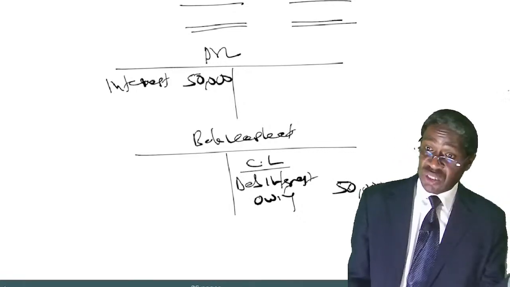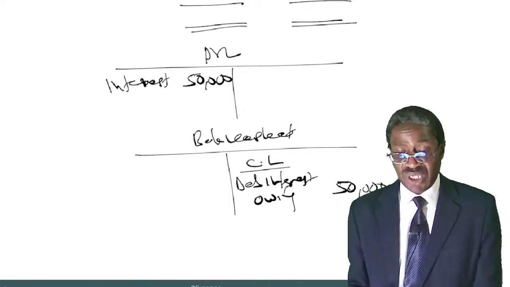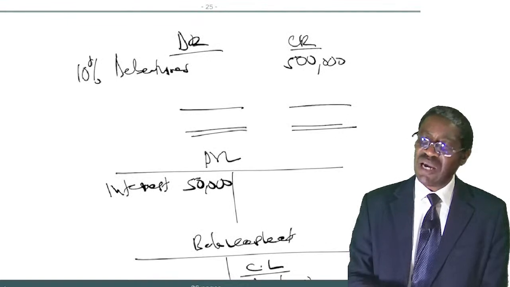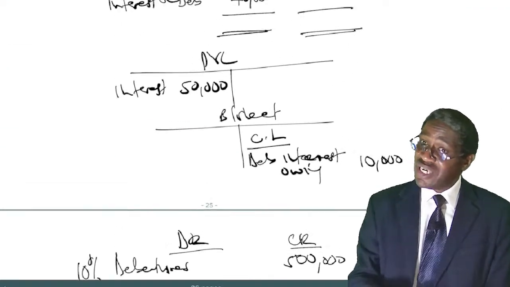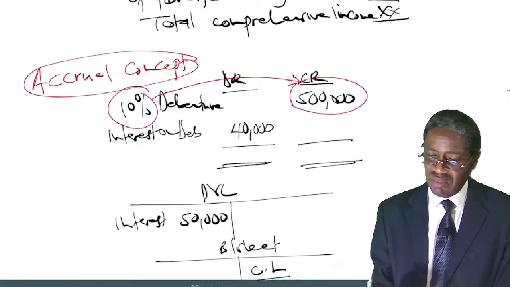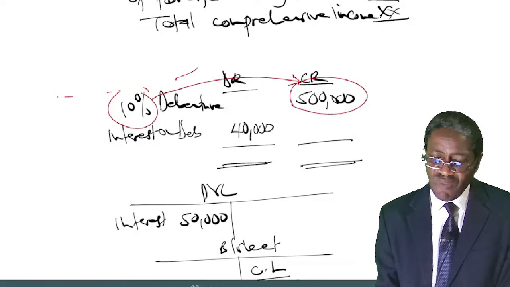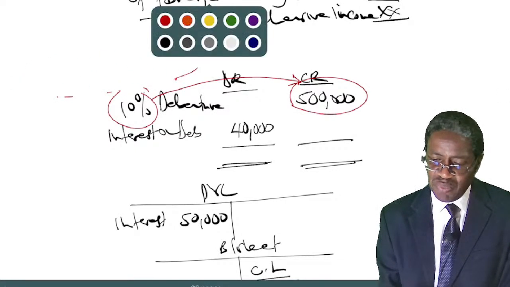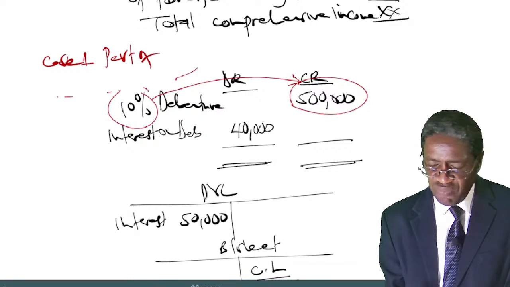So I hope now you know how to treat debenture interest, or in other words, interest. It could be on loans, it could be on debentures. It does not matter. The point I'm trying to make is, how do you determine the charge for the year for interest? Our case number one is a scenario where part of the interest had been paid.